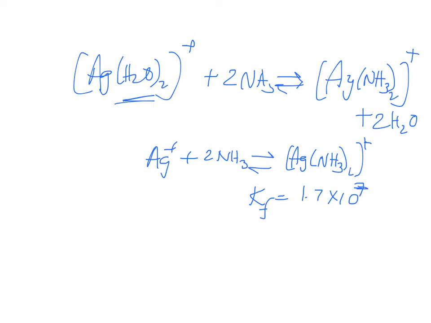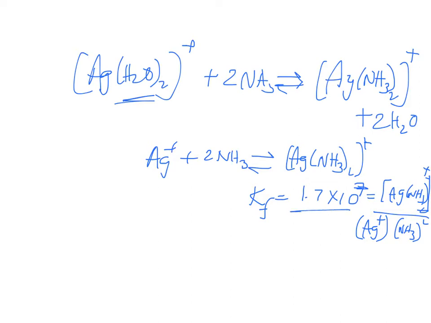So the formation constant is going to basically mean the silver diammine complex divided by silver times ammonia squared.